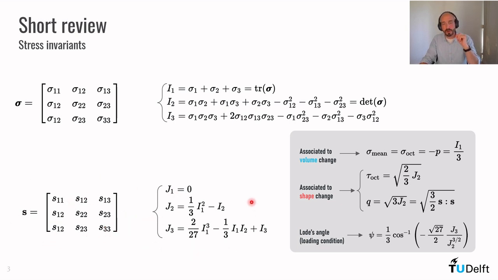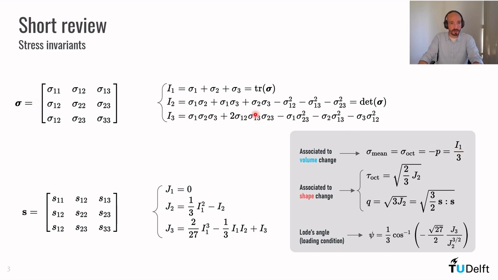And why is this important? Because there are many important quantities that can be represented in terms of those invariants. For example, we have the mean stress, also known as the normal octahedral stress, which is equal to minus pressure, and this is equal to 1/3 of the first invariant of the original tensor.